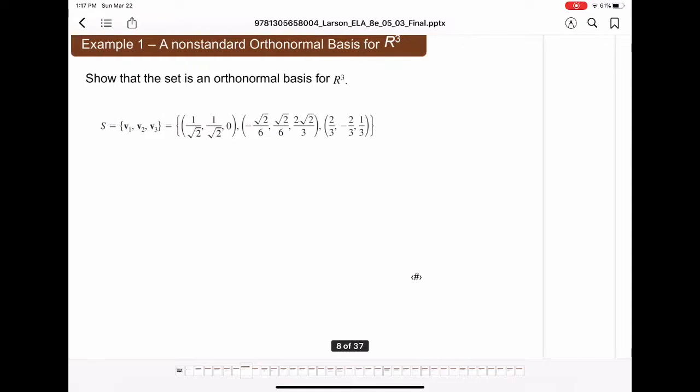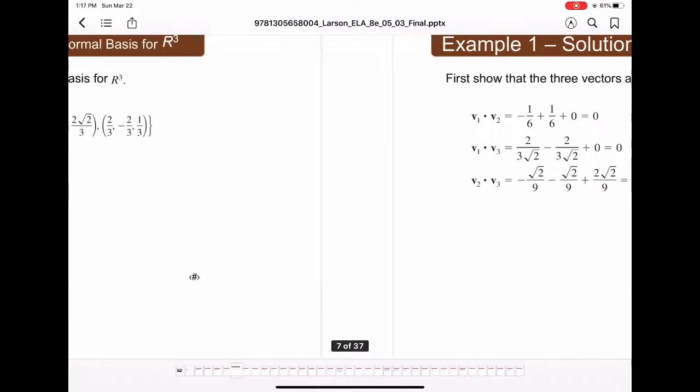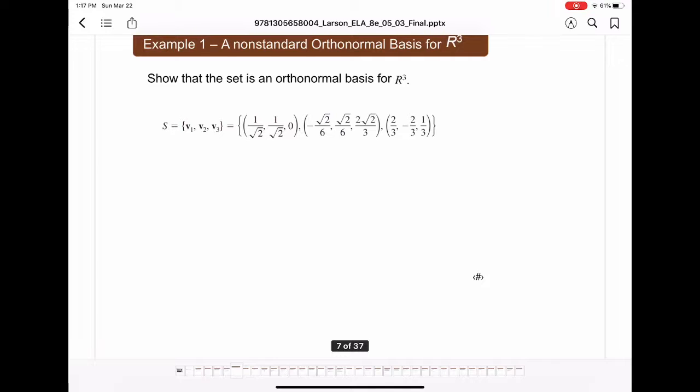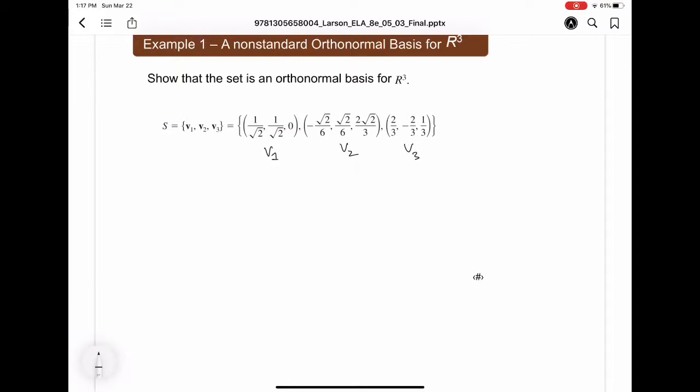Let me go back to the previous slide so we can explain it here. It's easier to follow. You have v1, that is v2, that is v3. You consider the inner product, but the inner product in R3 in this case is just the dot product.